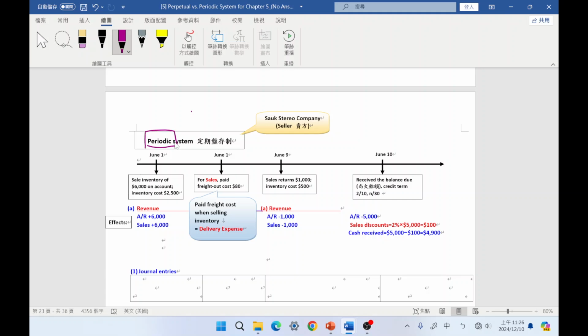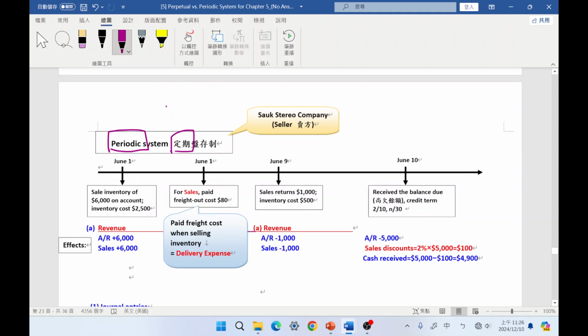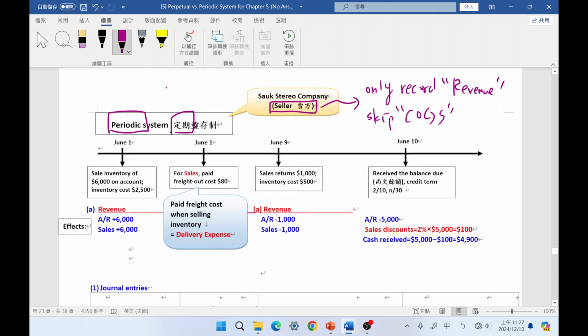So periodic 定期盘存制, right now you are the lazy guy. Also, you are the seller. So remember, for sellers, what's the key difference? You only record revenue, right? So you skip cost of goods sold. Okay? So that's the key difference.